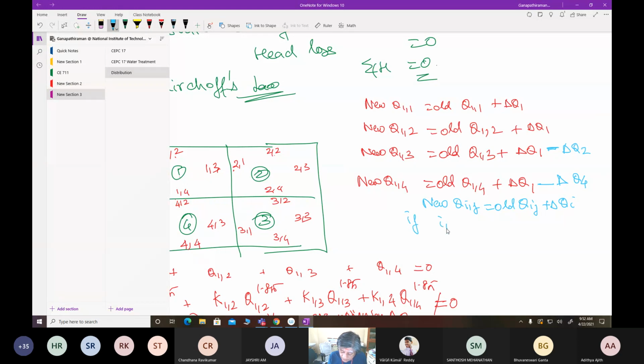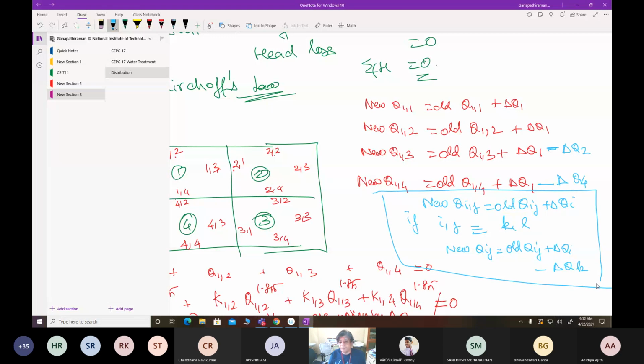If i comma j is identically equal to k comma l, new Qij is equal to old Qij plus delta Qi minus delta Qk. So this is the algorithm. This is the new Hardy-Cross algorithm. This is what is called a Hardy-Cross algorithm.